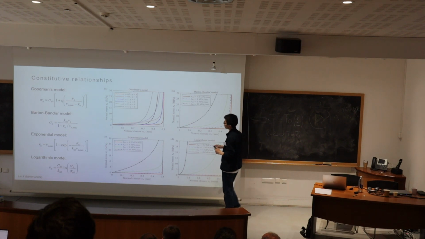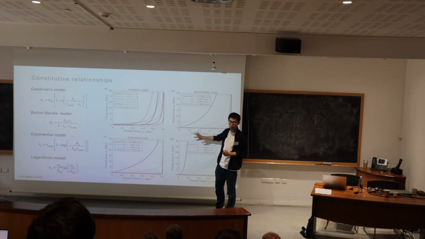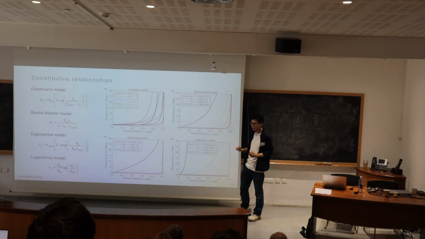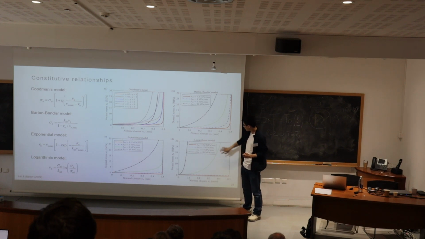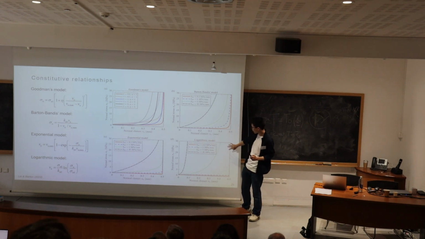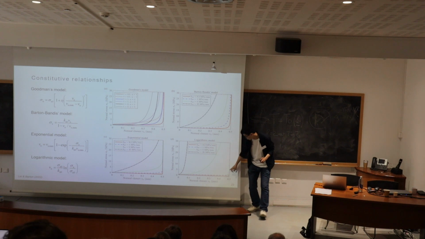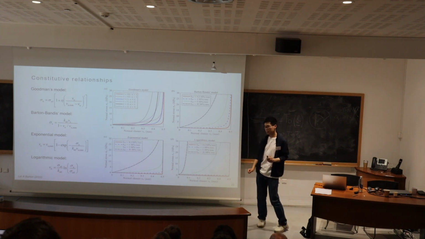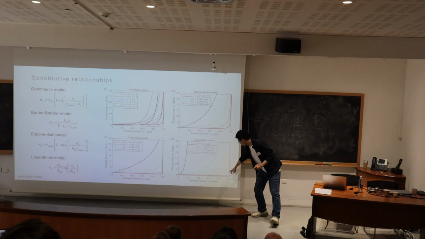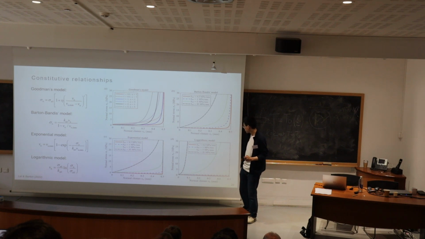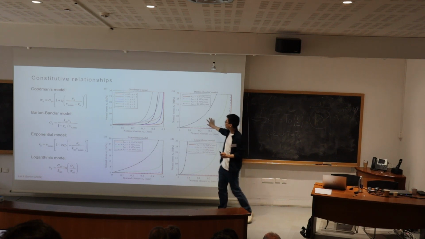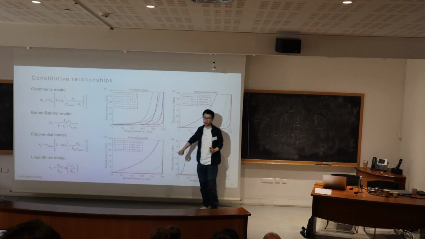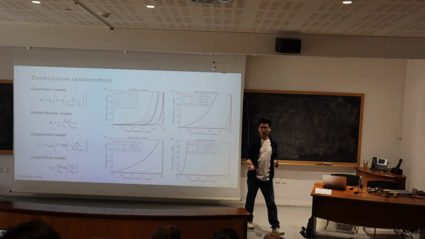So we did a compilation and comparison of the different models. What we found is that the logarithmic model we can probably drop, because it didn't capture the increased stiffness behavior in some scenarios. The other three are all supported by some experimental data.